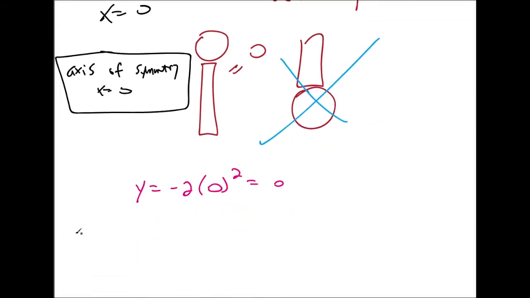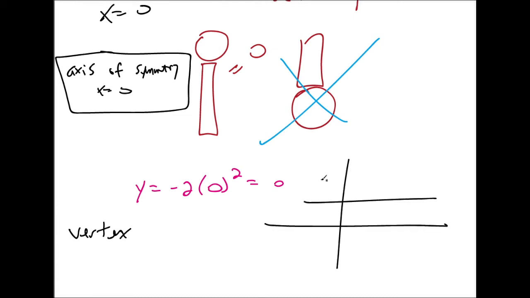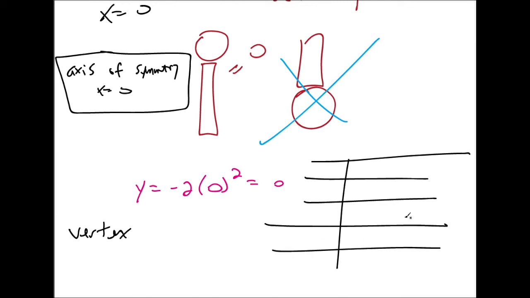Vertex. What's the vertex? That's the coordinate. Do you ever play Battleship? Let's say this was A and B and C, and this was the number 2.